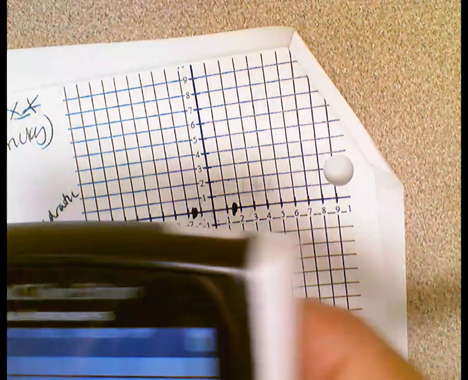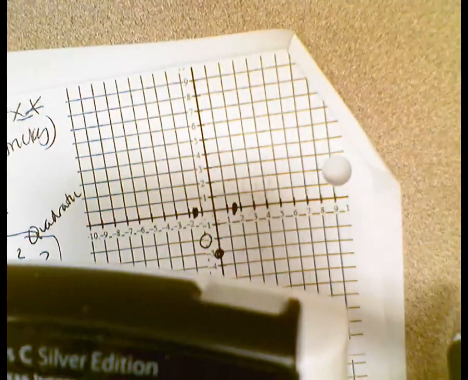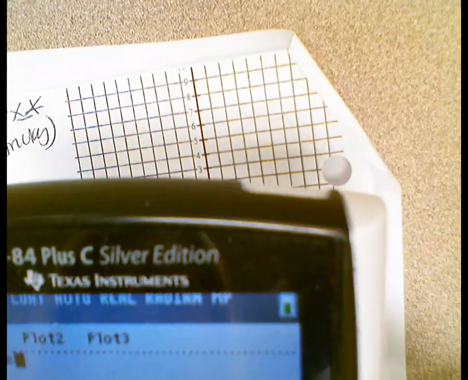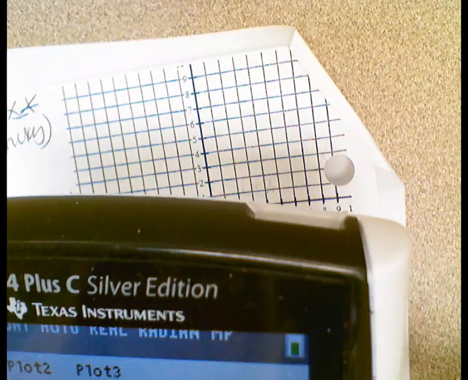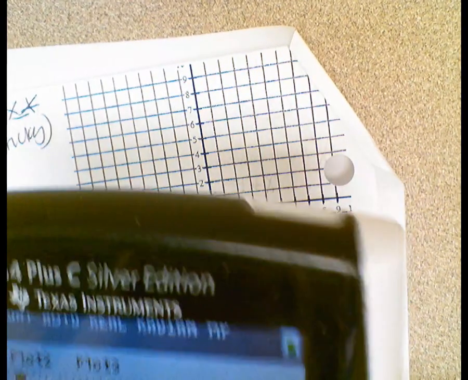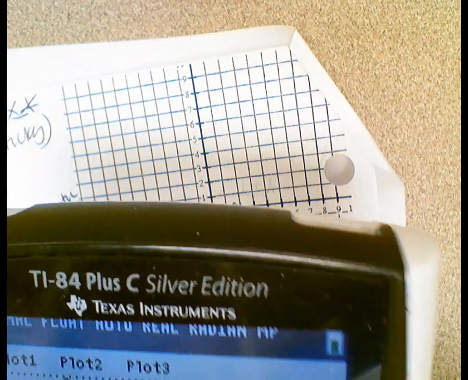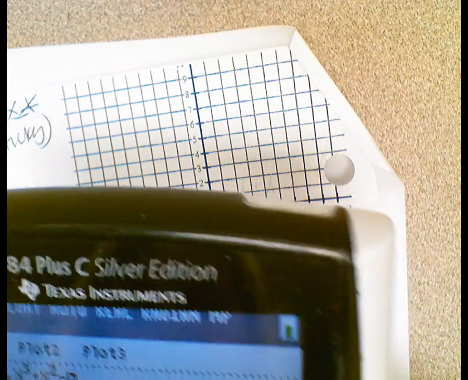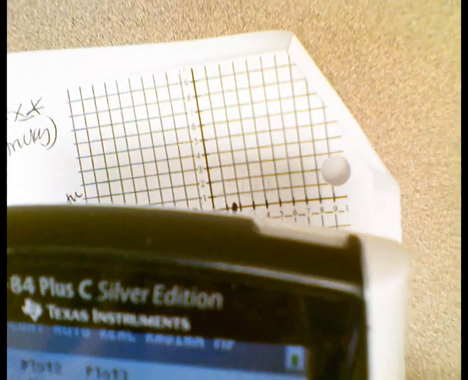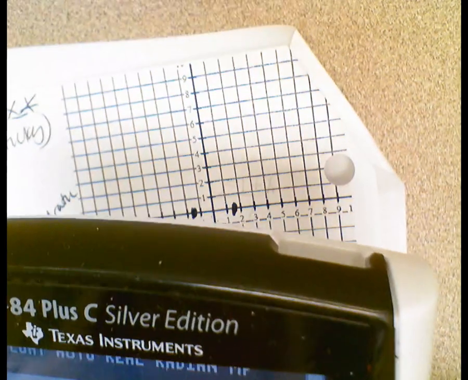Now, if you punch in the original, you're going to get, let's see, alpha, y equals fraction. All right, so we're going to have x to the third plus x squared minus 3x minus 3 over x plus 1.